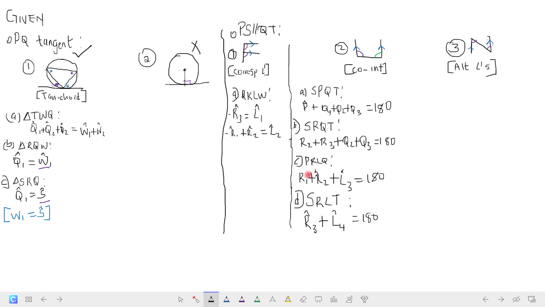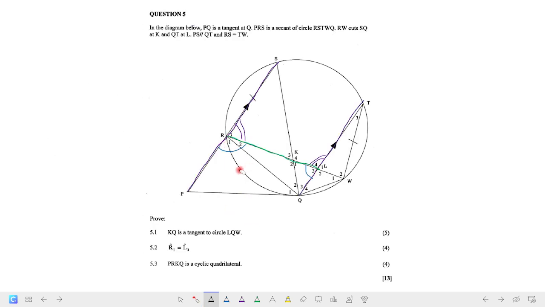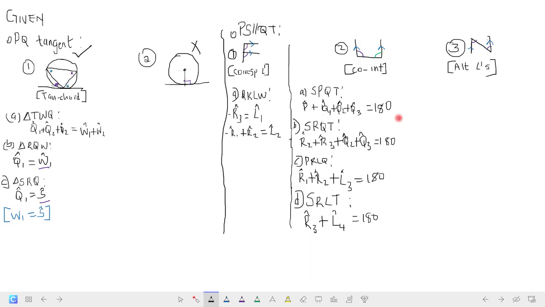So that's basically the other angles that we are given that have a co-interior shape. Let me just double check. Yeah. Now let's look at the final part, which is the alternate angle.